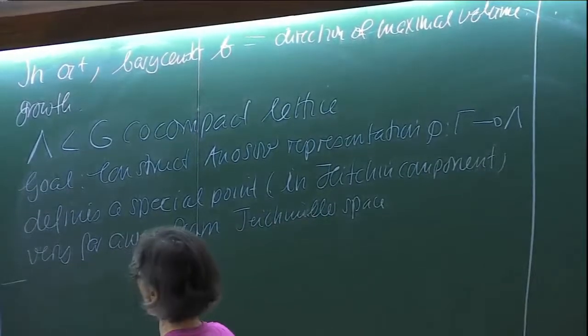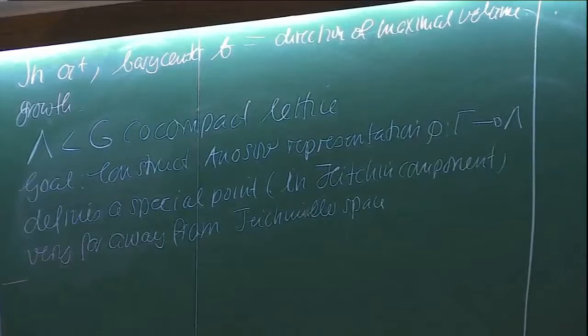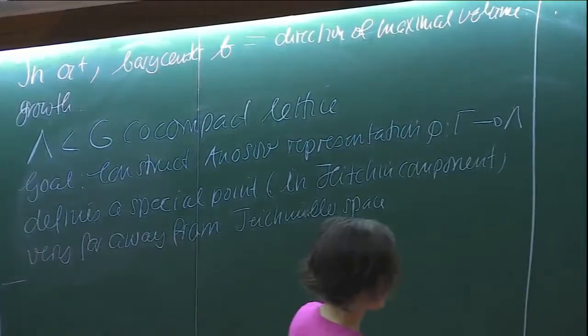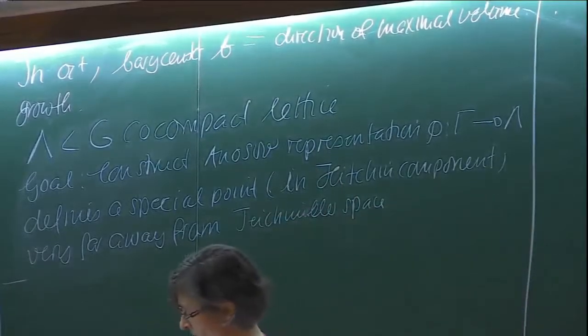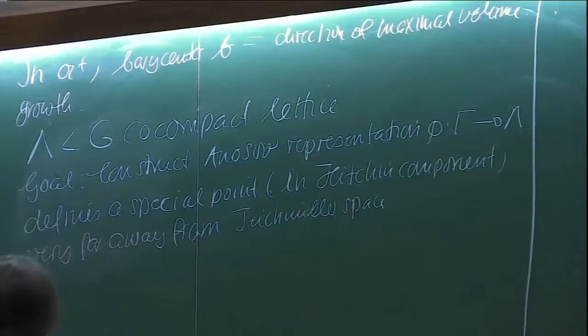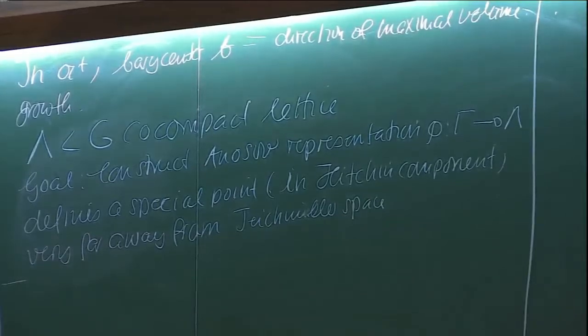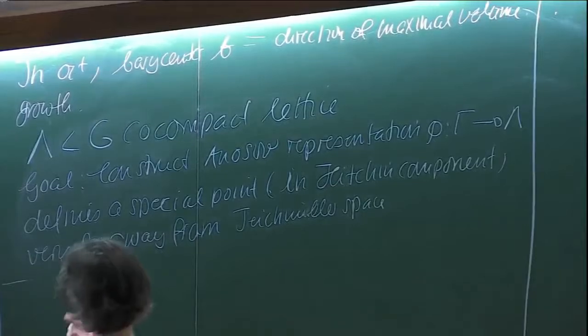We start with this Lambda, which is arbitrary but co-compact. Most lattices tend not to be co-compact, and I have no idea how to deal with them, but anyway. Now the idea is to use some geometry. Let me point out one first feature.